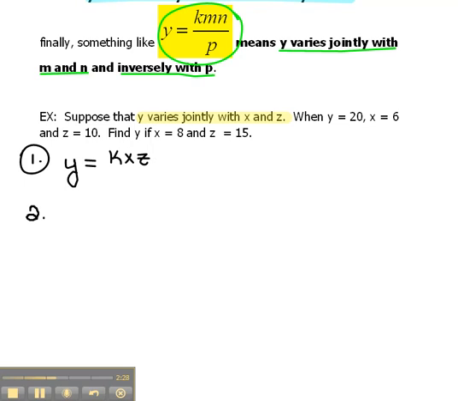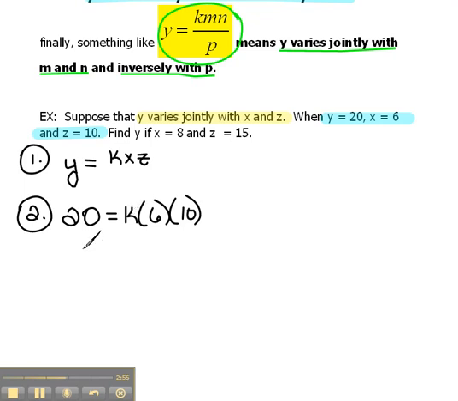Now, step 2, remember, they will give you enough information to be able to solve for k. So here in our problem it says y equals 20, x equals 6, and z equals 10. So if y equals 20, x equals 6, and z equals 10, we have been able to replace every variable except k.